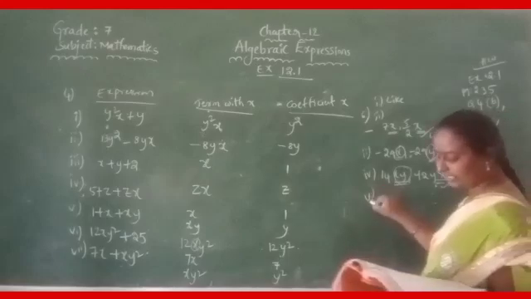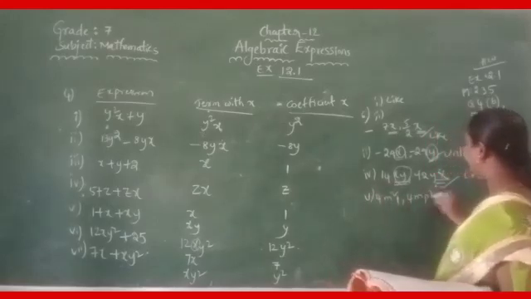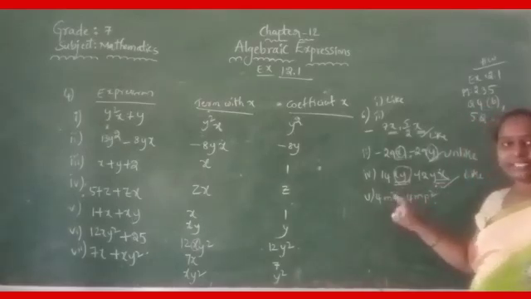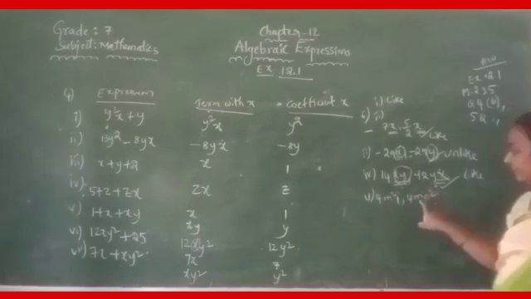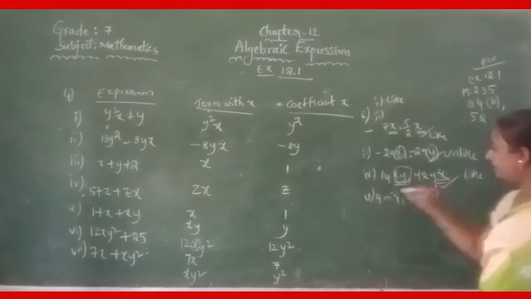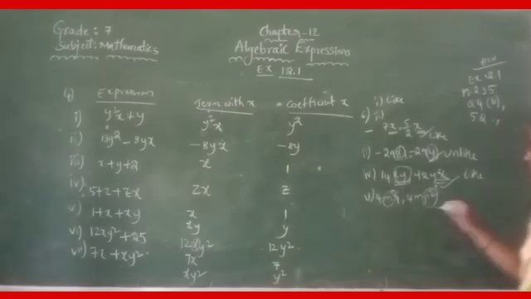Right. Fifth one: 4m square p and 4m p square. Observe the algebraic factors. In m square p, m appears 2 times. Here m appears only once, but here p is squared, 2 p's. So can we say these two terms are like terms? No, these are unlike terms.